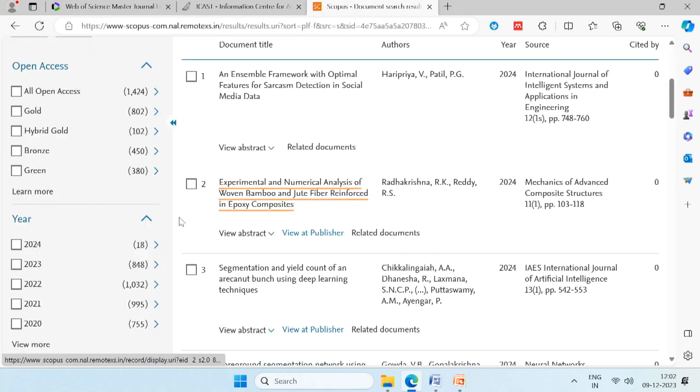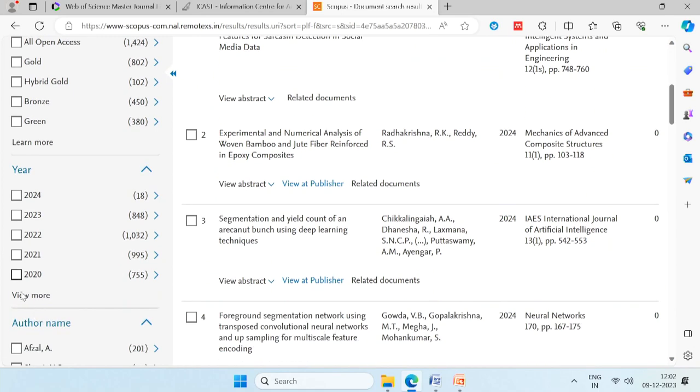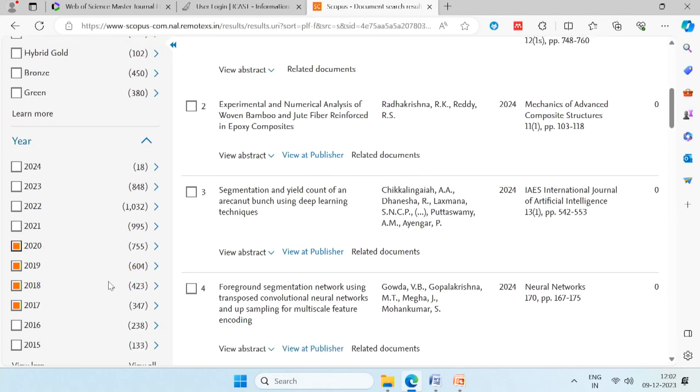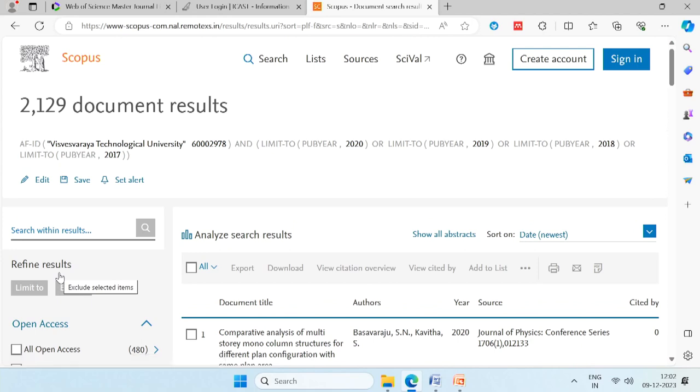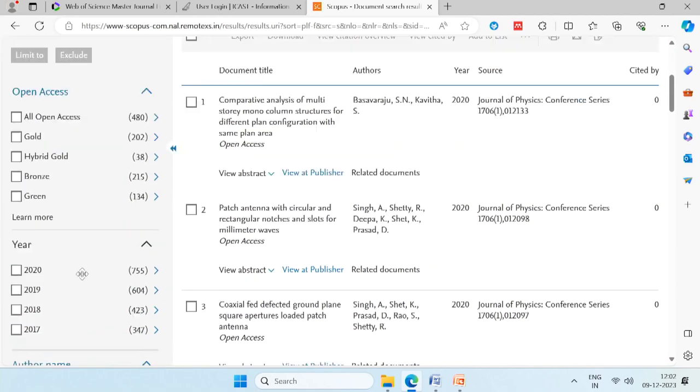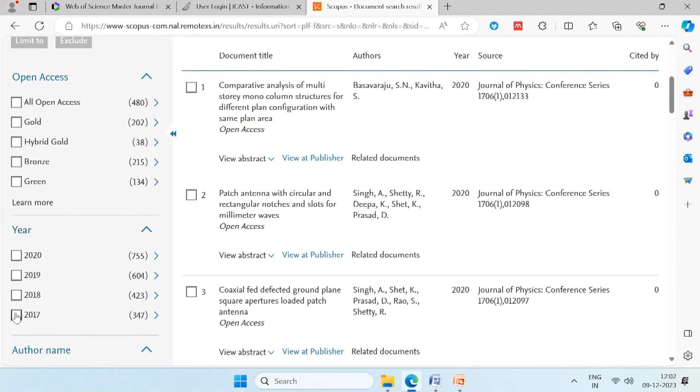I want to see the publication productivity of VTU from 2017, 18, 19, 20. Four years of data I will not take, because Scopus will allow citation profiling for only 2000 articles. So I will exclude that year and take only three years of data.